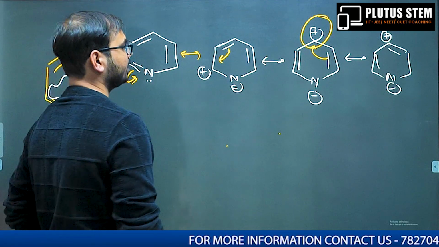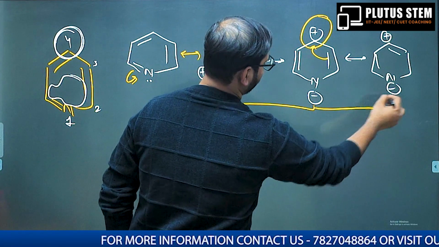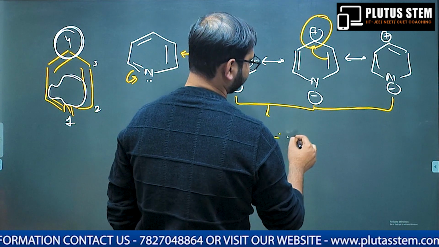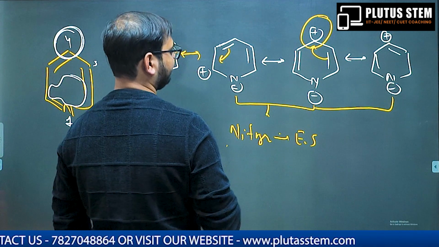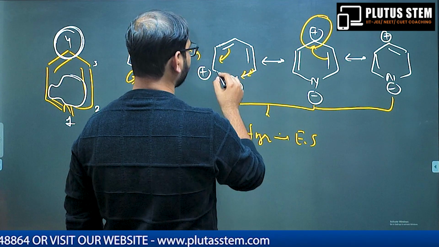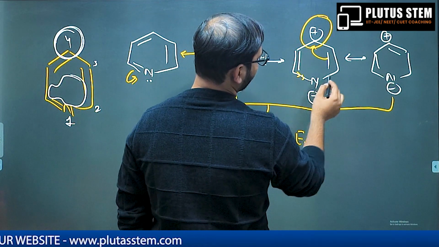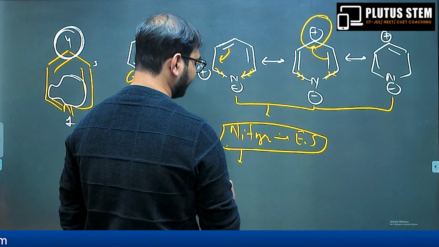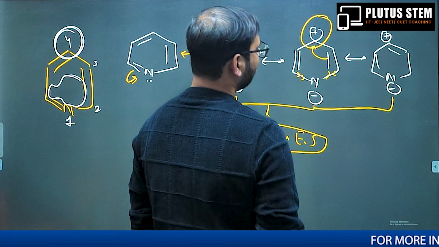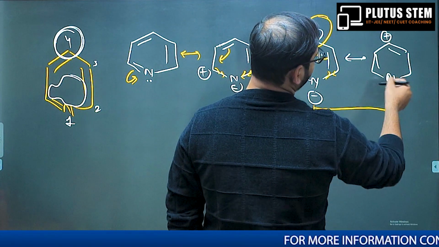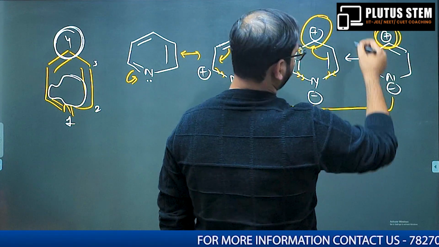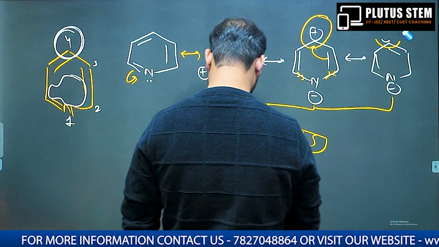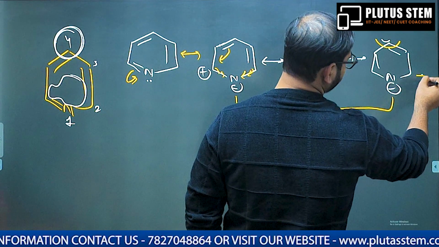But if you look closely, the negative charge is on nitrogen, and nitrogen is very electronegative. Since it is an electronegative atom, it will pull electron density from the closest position, but since it does not have any vacant d orbital, it can only apply the minus I effect. For the minus I effect, this position is very far away, so the positive charge shouldn't be here, it should actually be here.